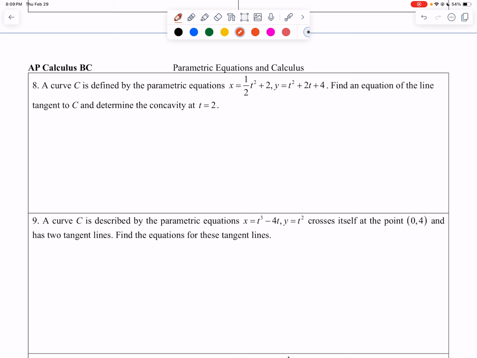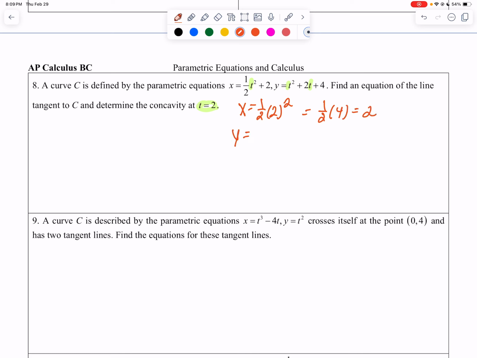Okay, so we are looking at when t is equal to 2. So what I'm going to do first, of course, is figure out what that is in terms of my rectangular coordinate. I'm going to plug in 2 here, here, and here. So x is going to be 1/2 2 squared, 1/2 4, and that's going to be 2.